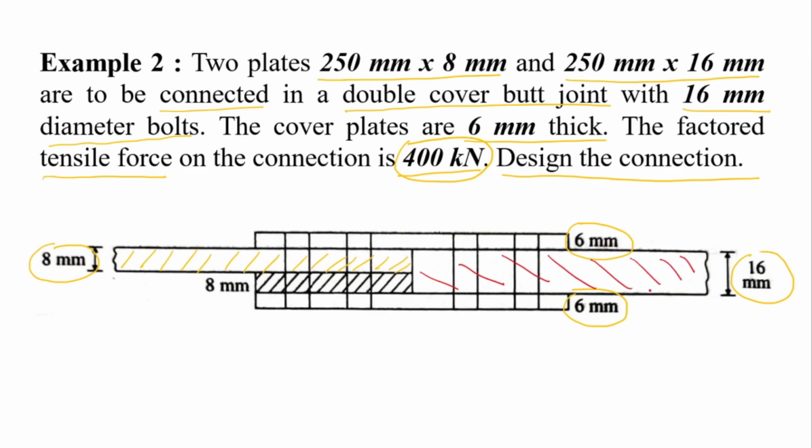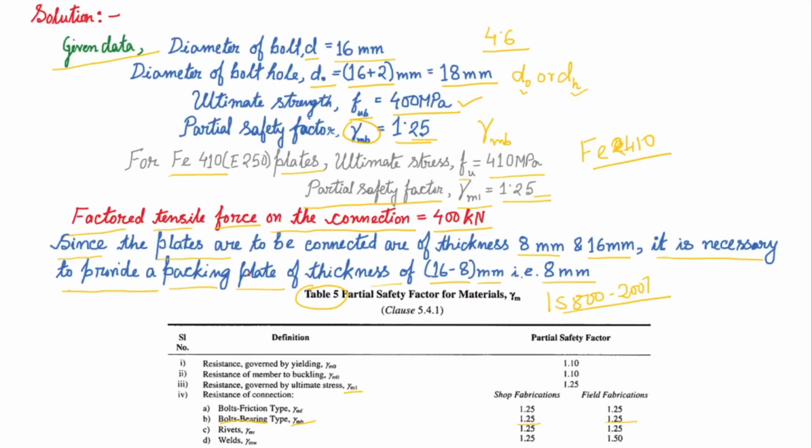So if you have to connect these two plates, there will be a vacant space in between these two plates, and the vacant space is to be covered by one packing plate, which is to be 8 mm thick. So here we have used one 8 mm thick packing plate in the vacant space in between the two main plates.